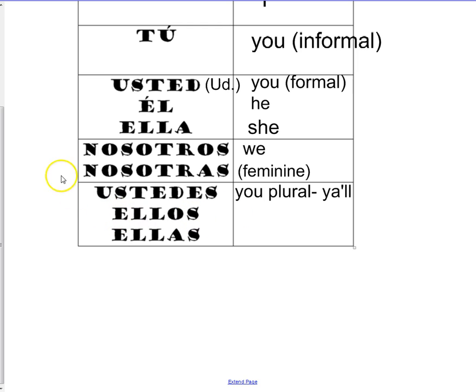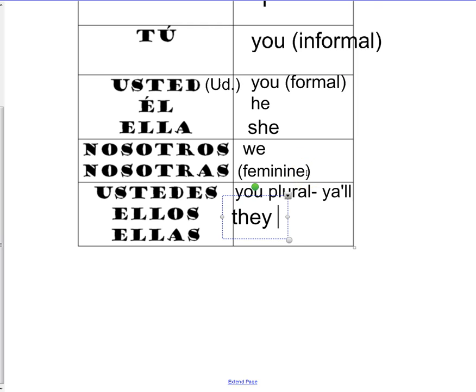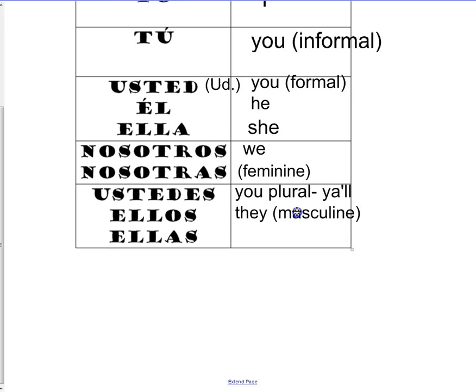Ellos is the plural form of él, and it means they, and it is masculine. And what does that mean? Well, it means that you are describing they, a group of people, and there is at least one guy in the group.